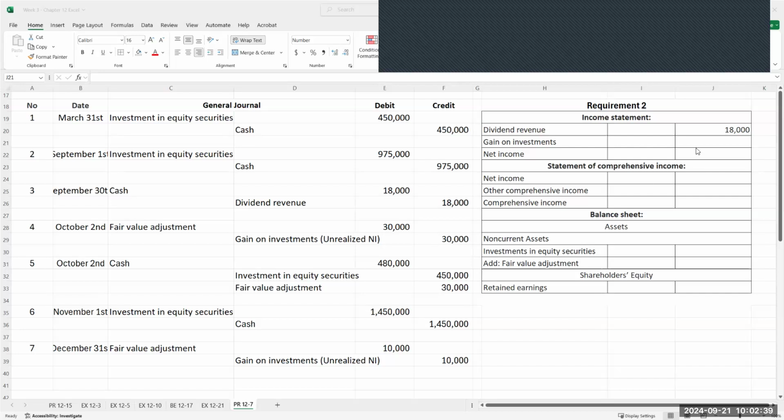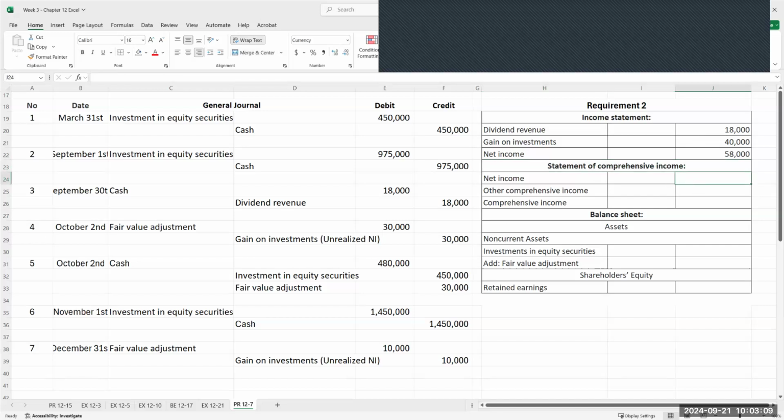The gain on investment that's reported on this entry on October 2nd, plus the gain on investment that was reported on December 31st for $40,000. Based on that information, we see that the total net income impact is as follows: $18,000 of dividend revenue and $58,000 for the gain on investments.